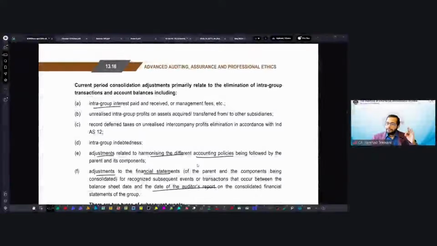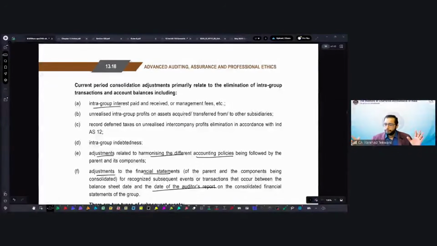Then comes a very, very important part. We already look at it from the perspective of the standalone audit, but the same is required to be reviewed now from the perspective of your consolidated audit of a consolidated financial statement. Can you tell me certain examples of specific matters that as an auditor we already see from the standalone financial statement perspective?